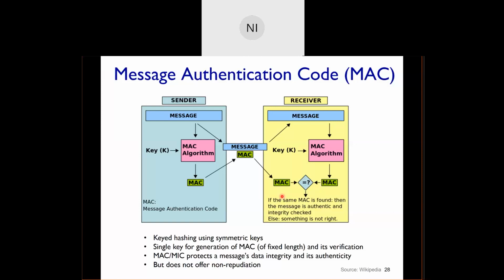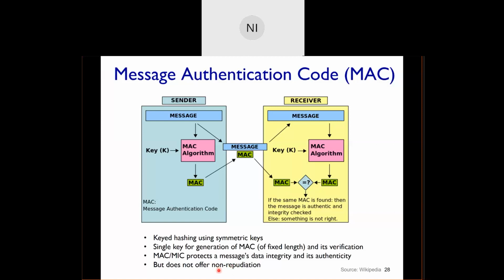Sir, if the symmetric key is shared using a public and private key system, then can't we ensure non-repudiation? So using the public and private key sharing algorithms, if this key is shared between Alice and Bob, then yes, Ranjita, we are using public key cryptography to secretly share the key between Alice and Bob.